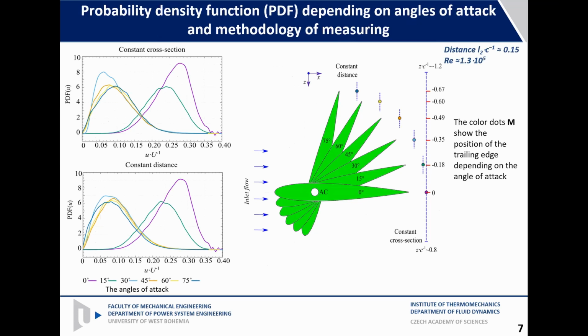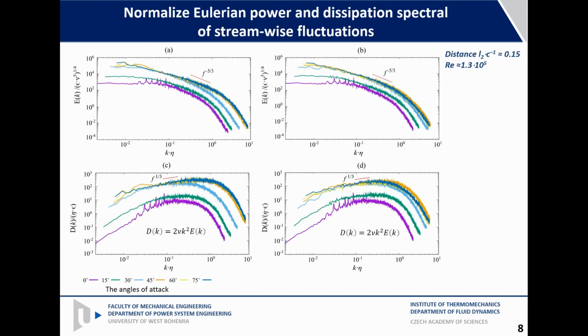Very interesting results: when we change angles of attack and measure the velocity distribution, we can detect some grouping. Until 15 degrees, we have a maximum value of velocity, and after that we have a minimum.